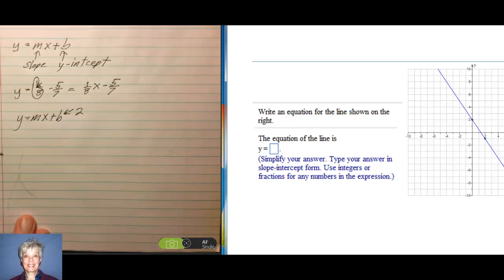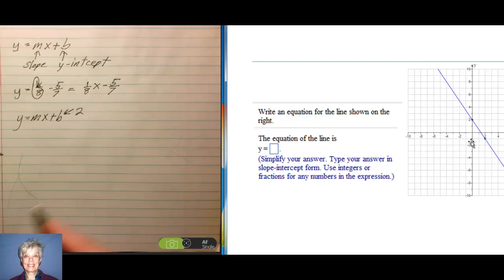We're going to have to figure out the slope of the line, and to do that we're going to look at the rise over the run. Notice that if you can imagine a little triangle, I wish I could draw it, right here, you can see that it goes down 1, 2, 3 units and then over 2 units.